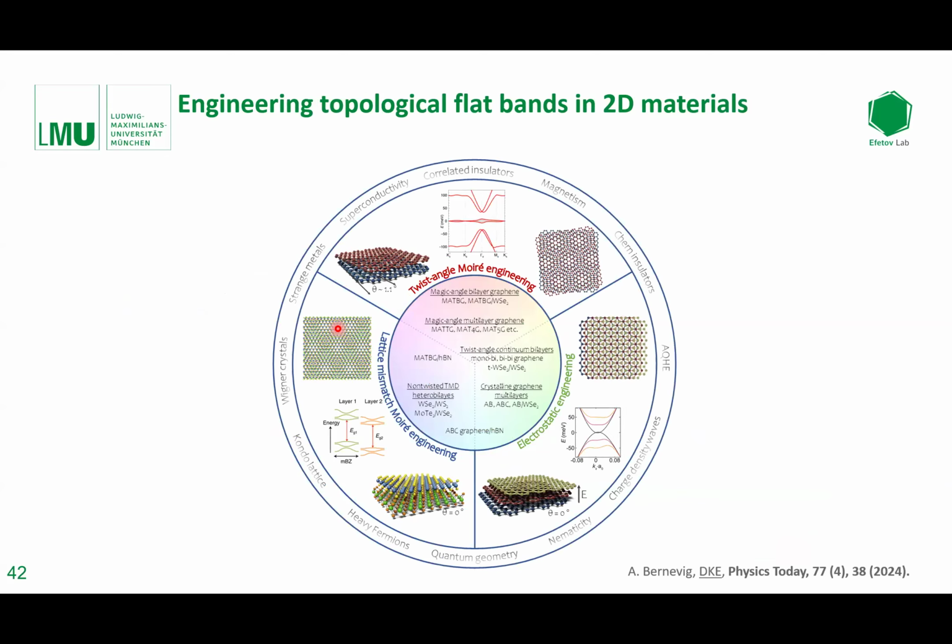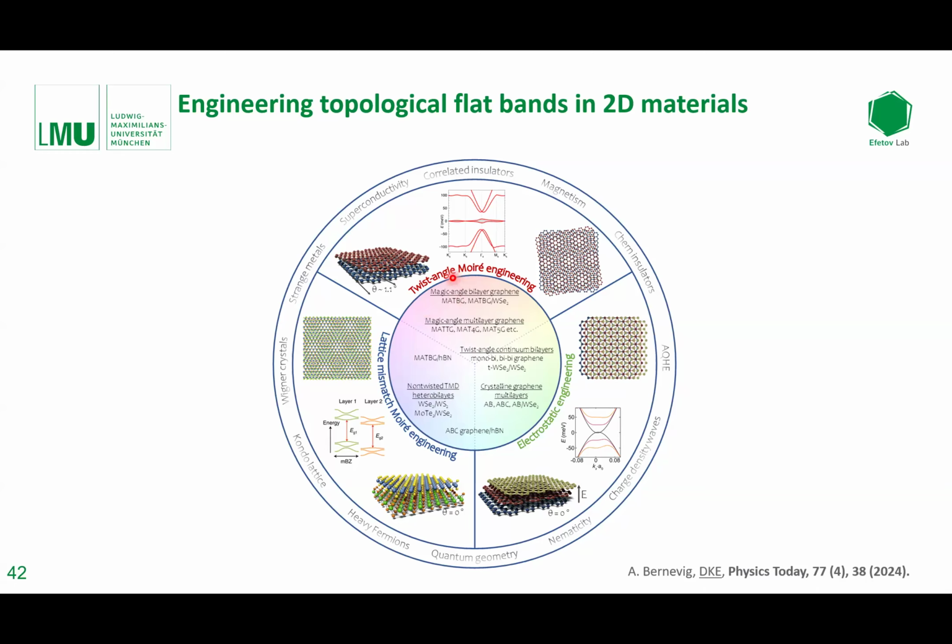With this, I also want to highlight that the techniques I have shown you on twisted bilayer graphene are, of course, not limited to twisted bilayer graphene. Over the years, people have extended twist angle engineering to many other material systems.